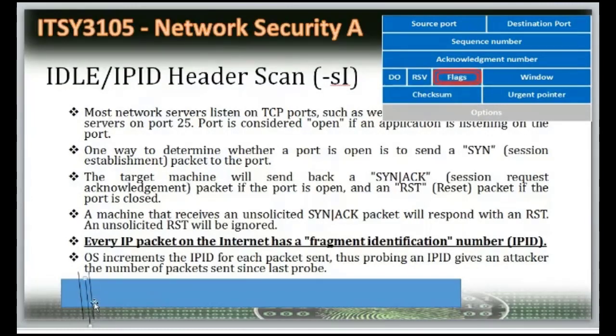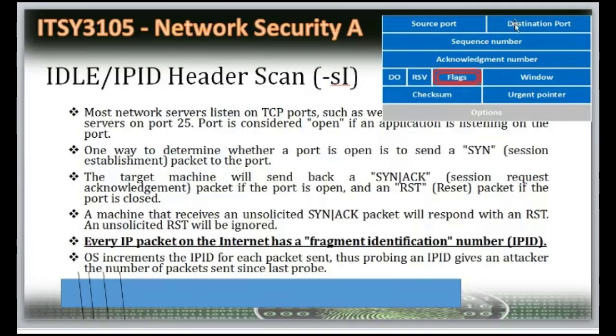Now for every fragment, there will be a fragment ID. So for every fragment, there will be a fragment ID, and that identification number you can also find. The fragmentation number you can find for all the packets. This is called the IPID header scan.